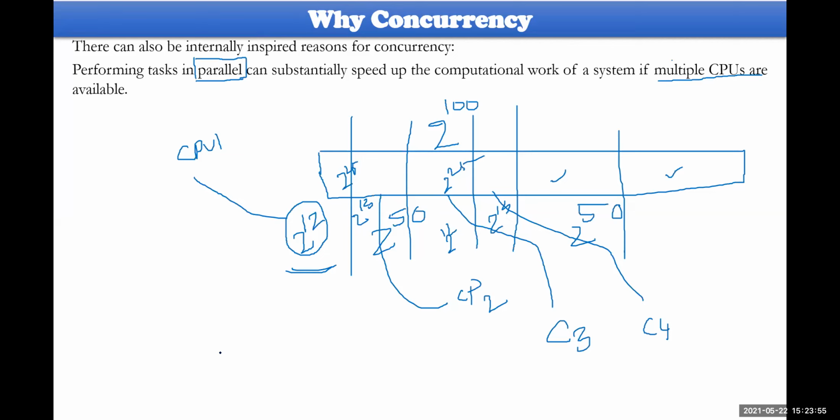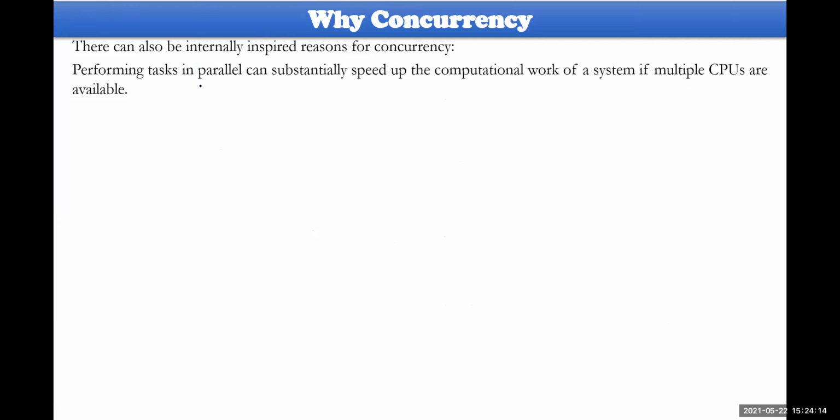So those are the reasons to implement concurrency here. This is the reason where exactly it gets implemented. Hope that you got the point. That is the meaning of these two here.